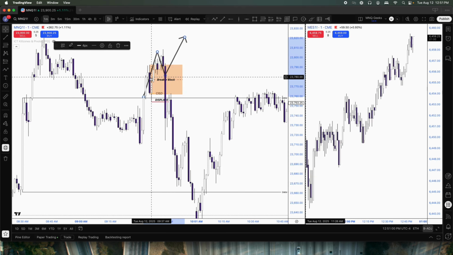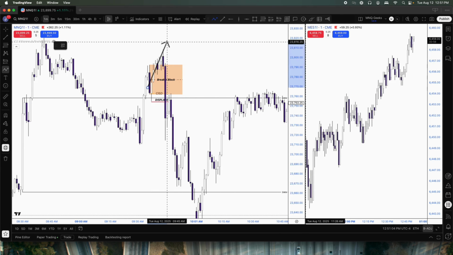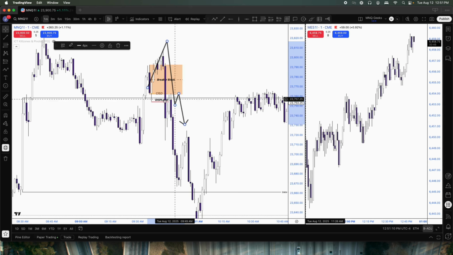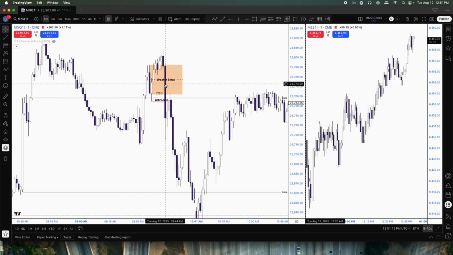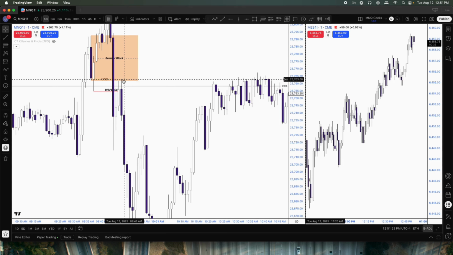This would be a bullish order block. However, because we went like this and closed below it and then tapped back into it and continued lower, this is going to be a bearish breaker block. So once we closed below it, I'm expecting price to retrace back into this breaker block zone, which it did, literally almost to the T.